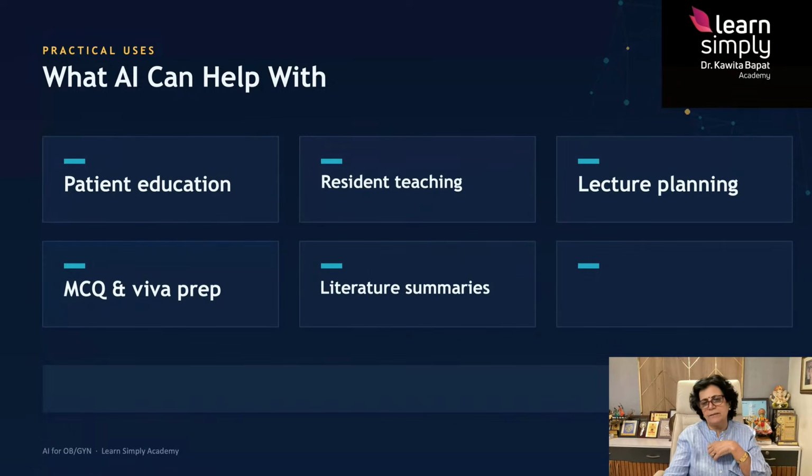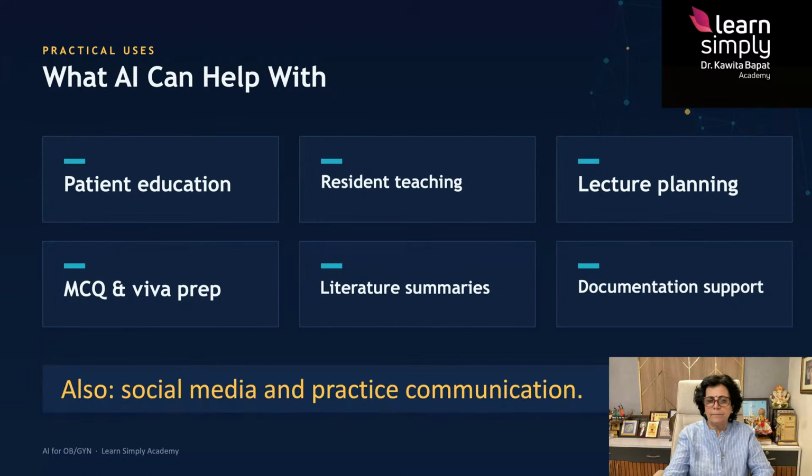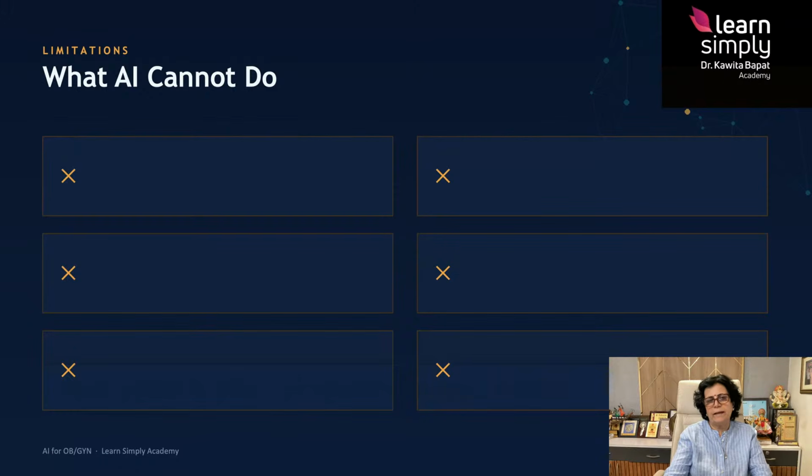Then literature summaries: if there is some literature you want to summarize, we can do that with the help of AI. Then documentation support, for whatever documents you are going to make. And social media and practice communication: if you want to promote yourself on social media, make a small piece of content through AI and post it. But there are limitations.